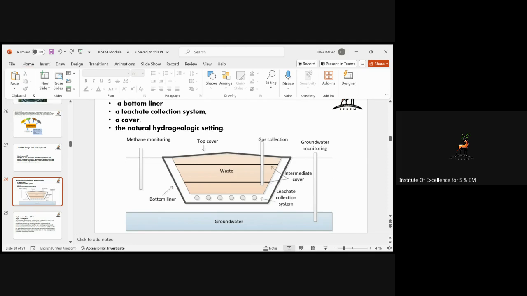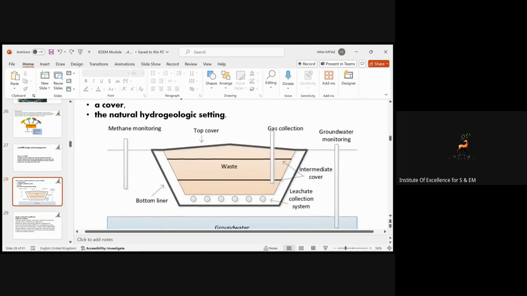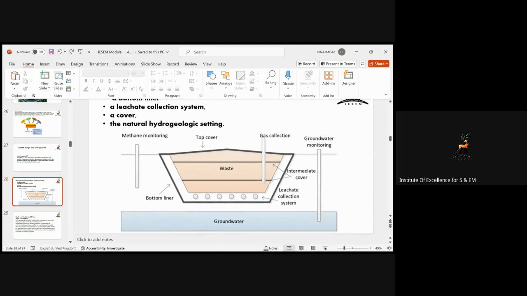And if you see the top left, there is the methane production monitoring. Through this, you can insert any type of instrument through which you can check the production of methane. And again, the waste has been enclosed in the ground, in a hole in which the waste has been enclosed.